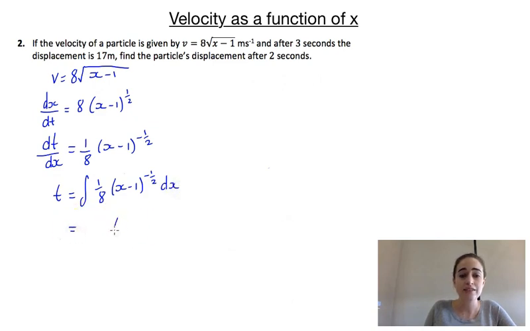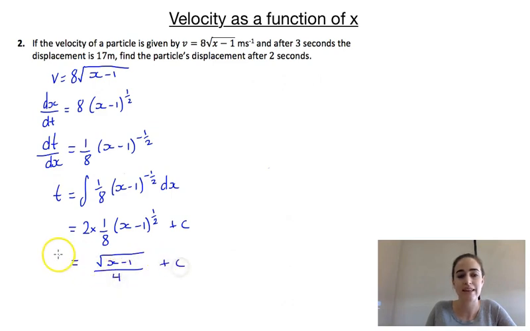If we do that, we're reversing the chain rule, so we're going to have x minus 1, and to that power we'd add 1, so it would become a half. We have this 1/8 out the front still, but we need to divide by the new power. So we could divide by a half, but that's the same thing as multiplying by 2. And we also have a constant of integration. So what that becomes is the square root of x minus 1 all over 4 plus c.